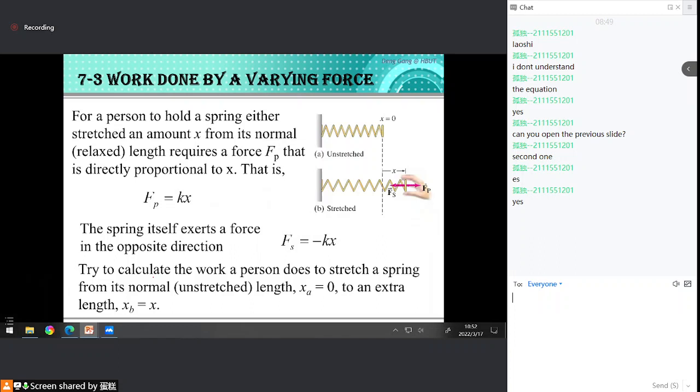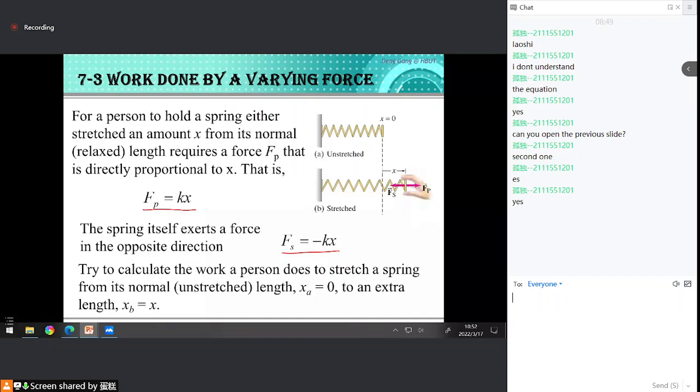So we know this force on the spring, according to Hooke's law, should be proportional to the change of the length. So that's why here these two equations.